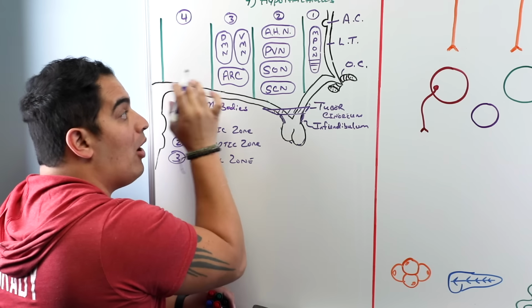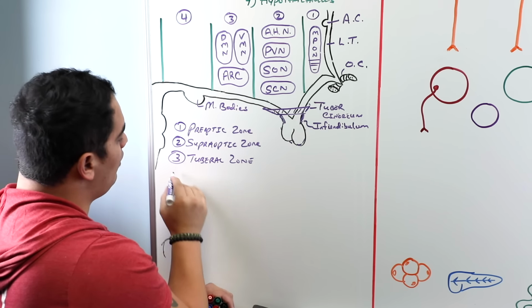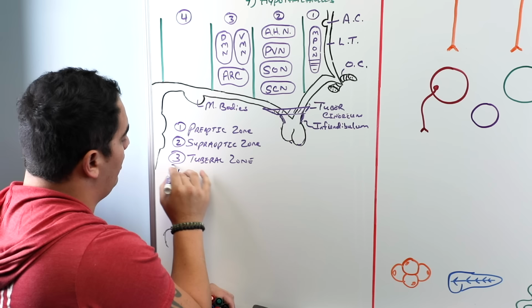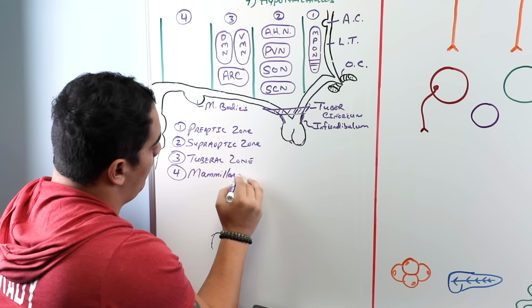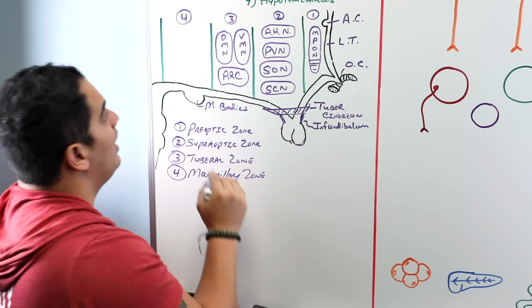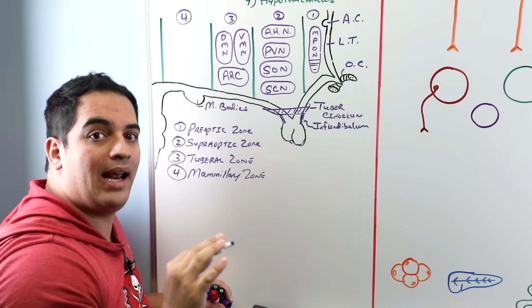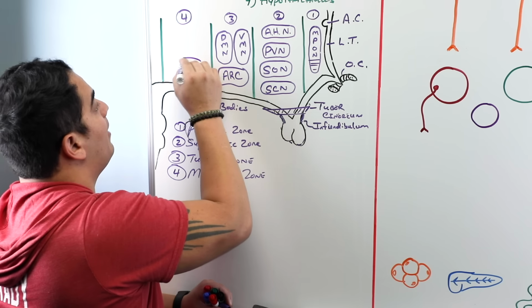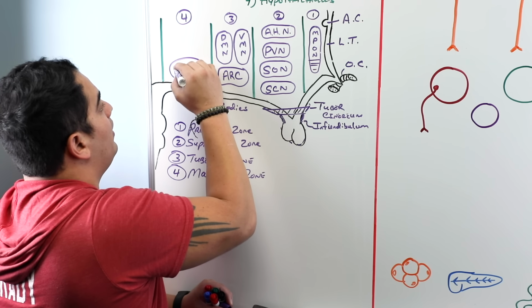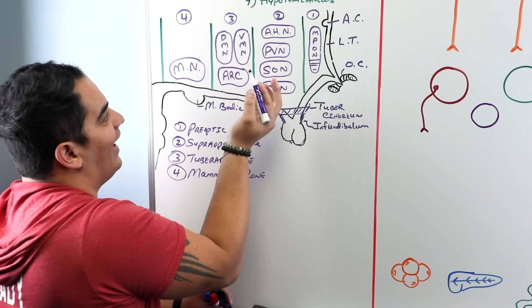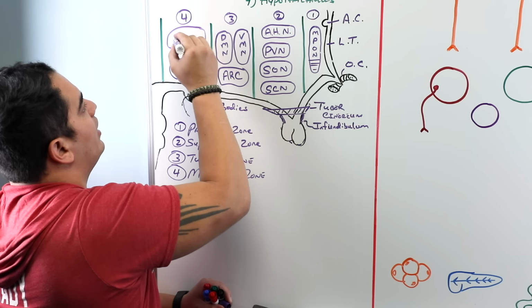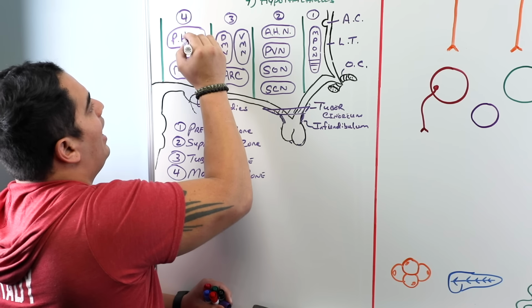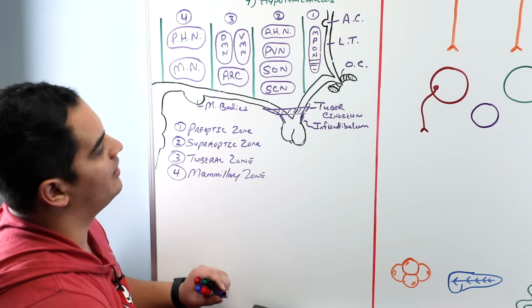We told you that that was a part of the hypothalamus. Well, this zone here, thankfully, is called the mammillary zone. And the mammillary zone is made up of 2 primary nuclei. One is called the mammillary nuclei, right? And the last one, which is a very important one here, is called the posterior hypothalamic nucleus.